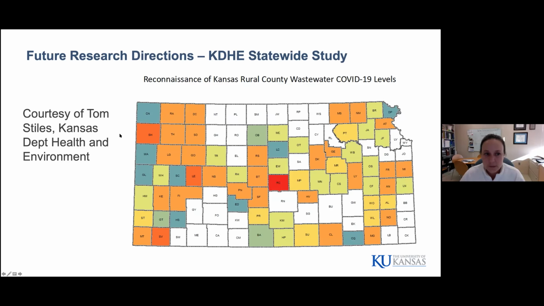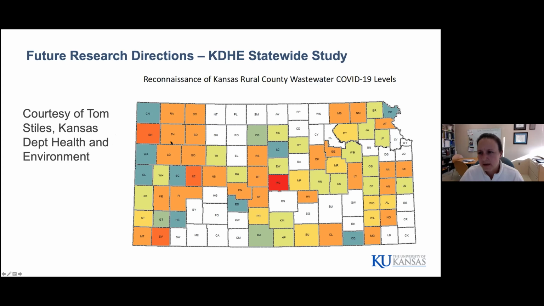Across campus, I've worked across Kansas. I've worked with the Kansas Department of Health and Environment, and we've sampled at small treatment plants and small lagoon systems across the state. This doesn't show you the concentration data, but red is the most concentrated.